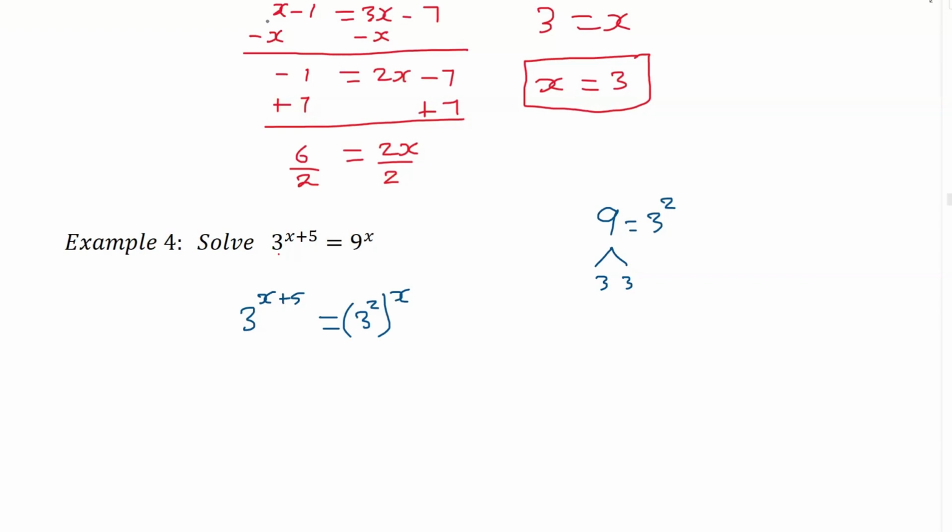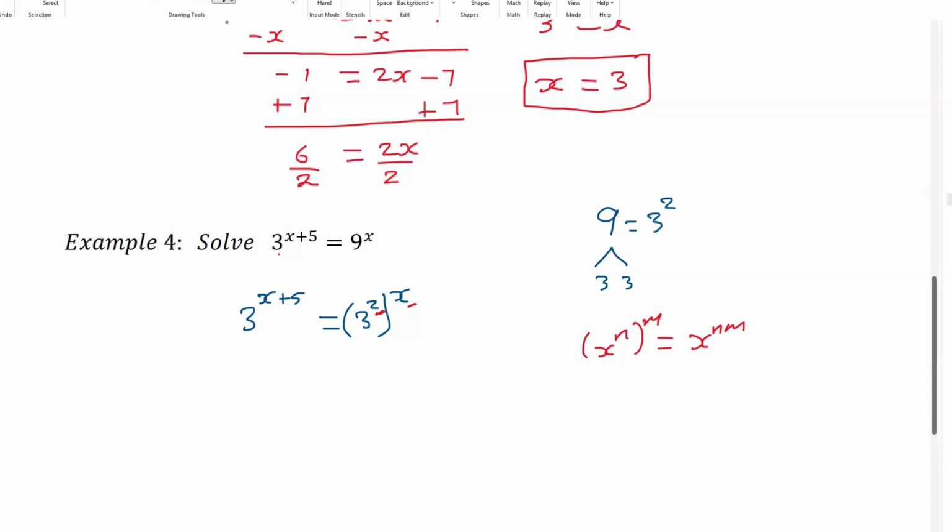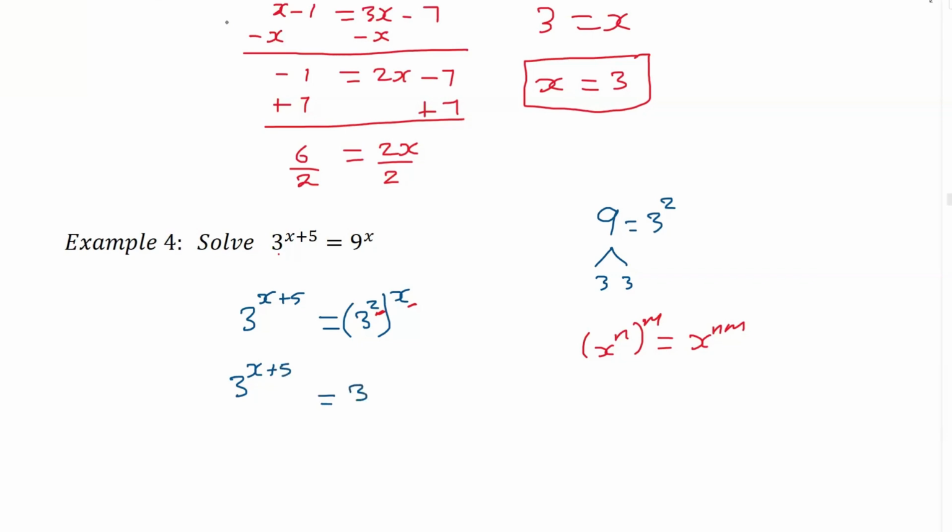Now, to simplify this equation further, you have to remember the rule of exponents that says if you have x to the n raised to the m power, then you have to multiply the exponents. So here I'm going to multiply the 2 times the x, right? Because that's the rule of exponents. So by doing that, what I get is 3 raised to the x plus 5 is equal to 3 raised to the 2x.